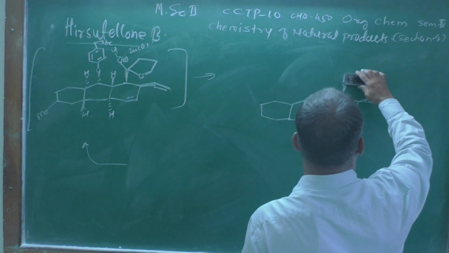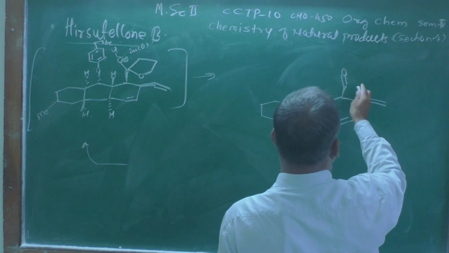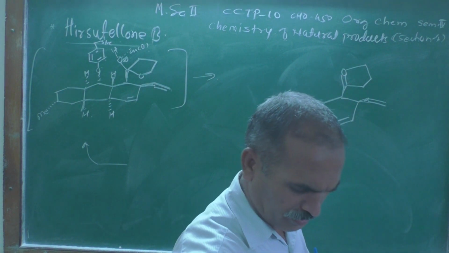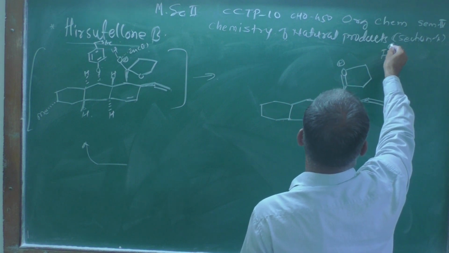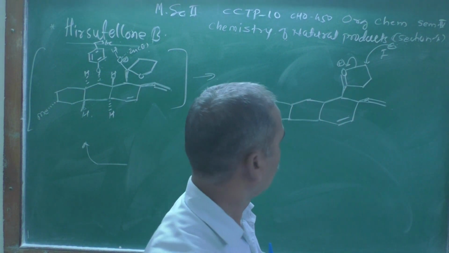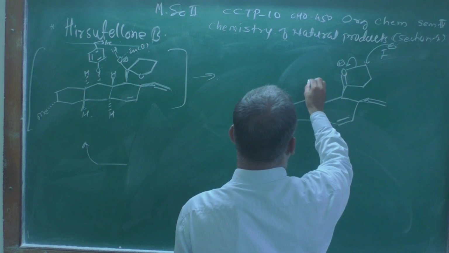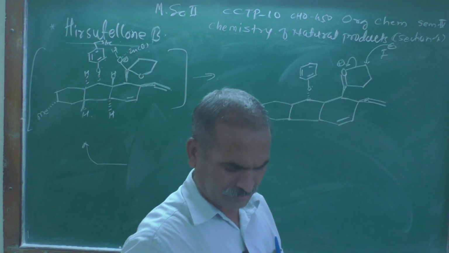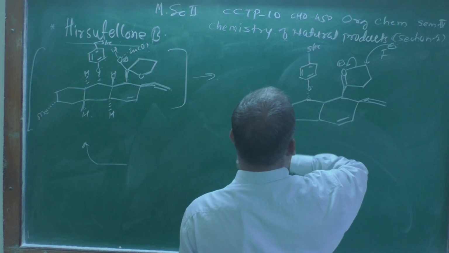Let me show here, this is the C double bond O. This 5-membered ring, a positive charge comes over there. Iodide is going to attack over there, get neutralized, and then the rest of the thing, oxygen, then this compound remains as it is, SAC.